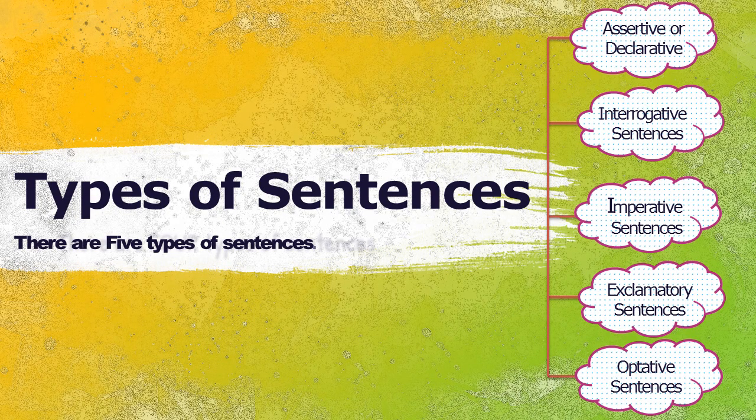Now we are going to study in detail about types of sentences. There are five types of sentences. What are they? Assertive or declarative, interrogative sentences, imperative sentences, exclamatory sentences, and optative sentences.